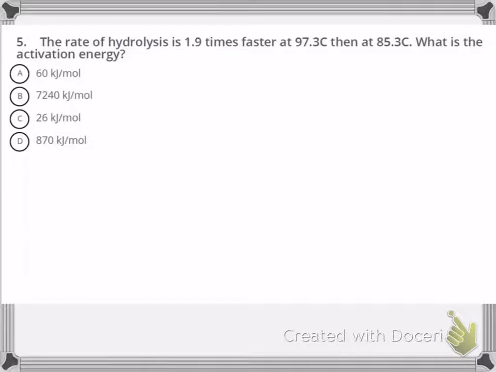Okay, so let's go back to 5. We skipped 5, so let's go back to it. Here we have the ratio of the rate constants, which is 1.9 times faster at one temperature than at another, lower temperature.